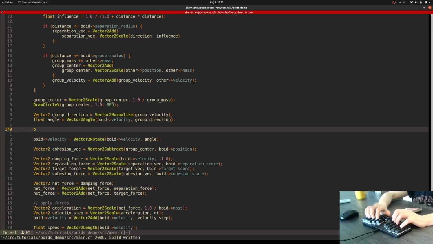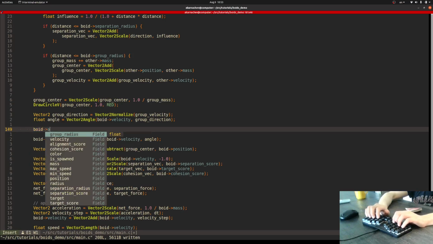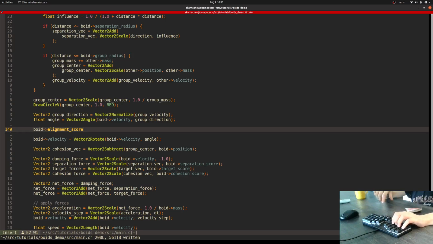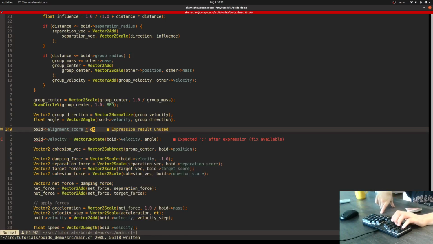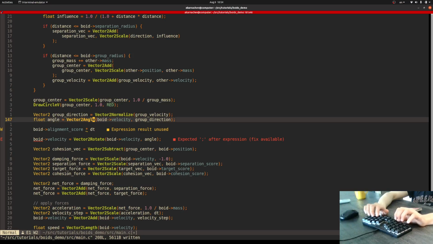Let's say I have some rotation speed, alignment score, rotation speed. I multiply this rotation speed by dt, and I obtain the delta of the angle. This is my target angle.